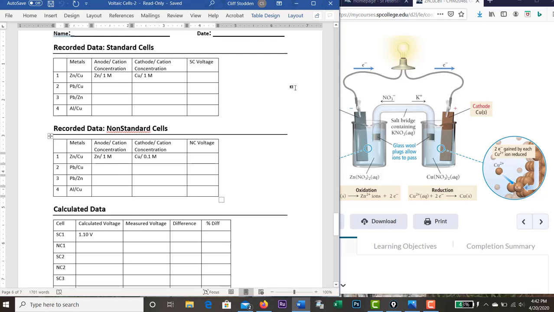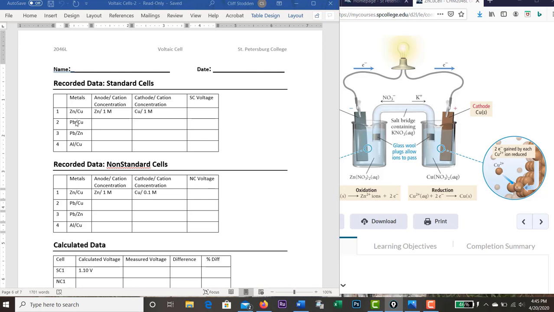This first part up here, the recorded data, would have had our values from the meter listed here for 4 different combinations of solutions. On the first part, these are called standard cells because each of these would have been 1 molar concentration. For the zinc and copper, the 1 molar is filled in here, but not for the rest, because you were to decide which one of the others was the anode versus the cathode.